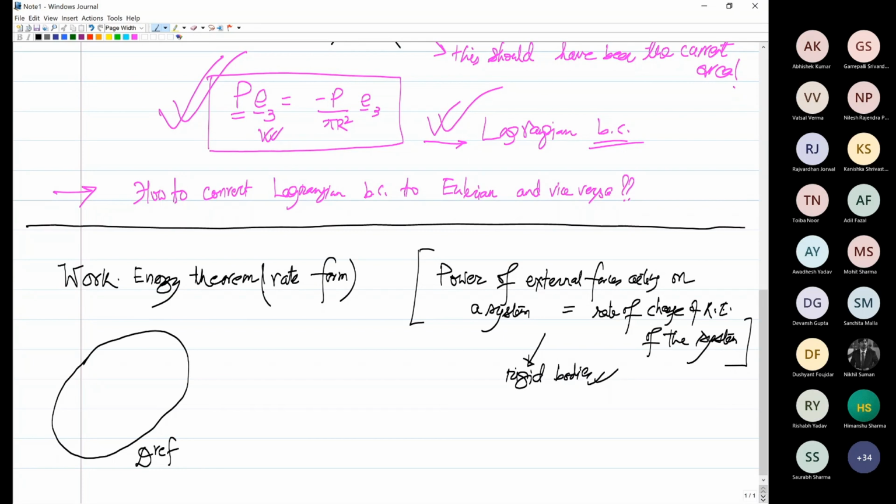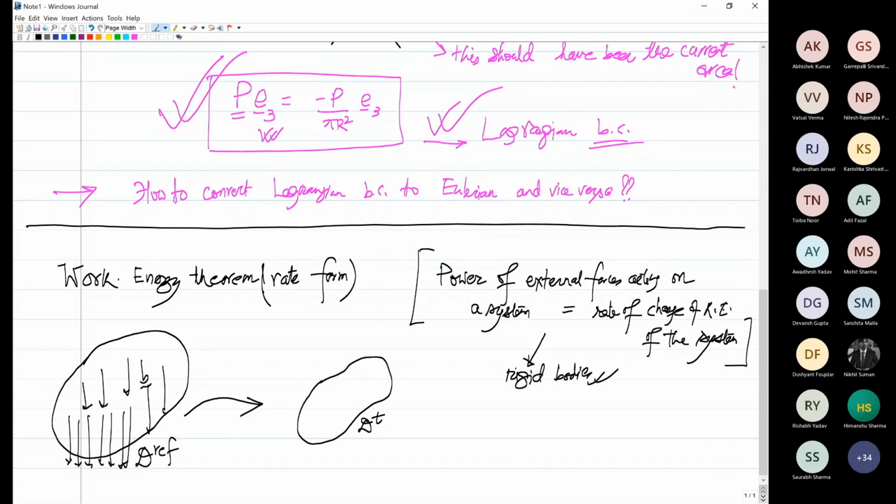In the reference configuration and in the current configuration, that's occupying the region dt. Okay, and on this we have body force acting B, and also the traction from the other part of the body, right? Internal traction T, which is a function of course, the point and also the normal.